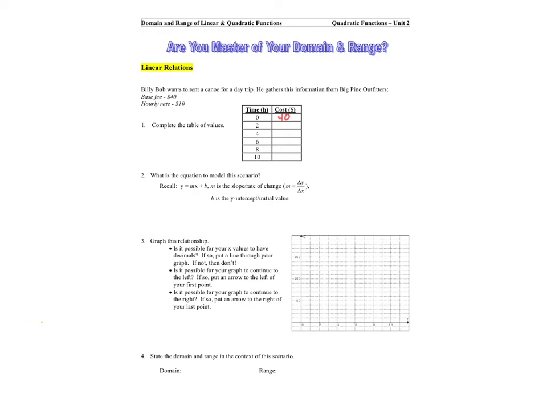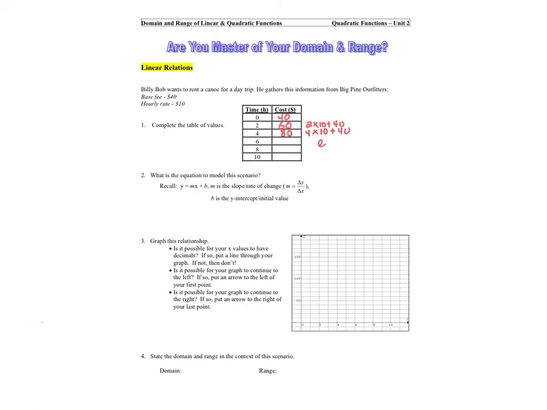So that would be 2 times 10 plus the $40, which makes a total of $60. If you had the canoe for 4 hours, then it's 4 times 10 plus 40, which is 80.